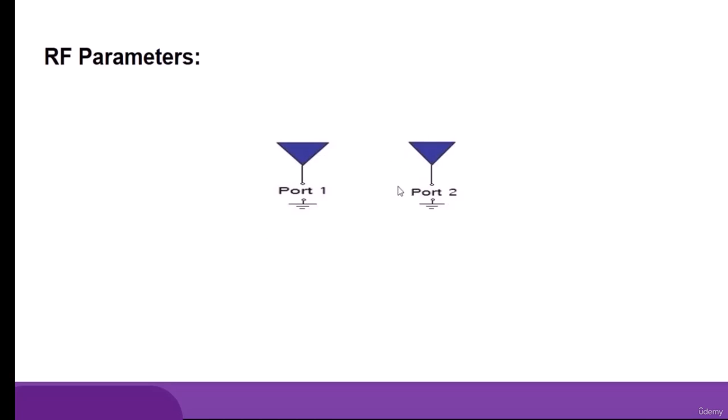In other words, the reflected power from antenna 2 would be the S22. Similarly, the power transferred from port 1 to port 2 of antenna 2 would be the S21 parameter, and the power transferred from port 2 to port 1 would be the S12 parameter.